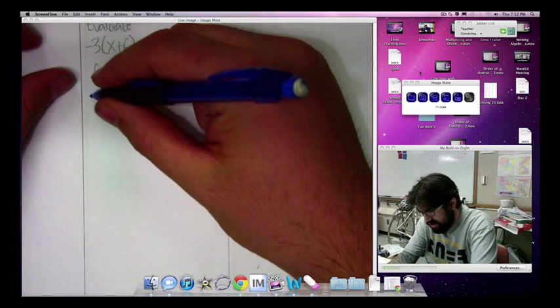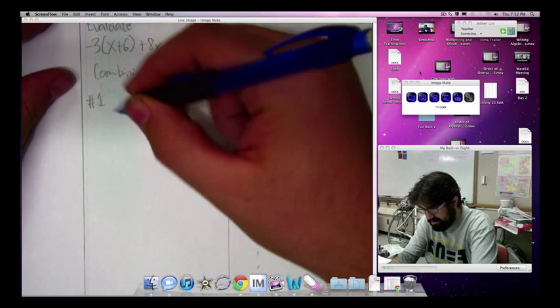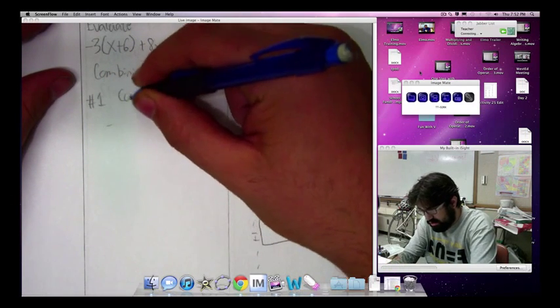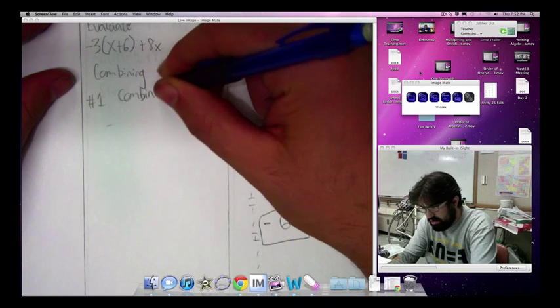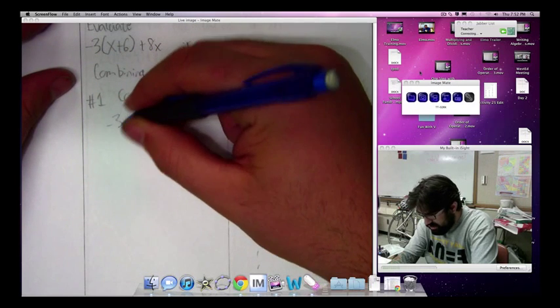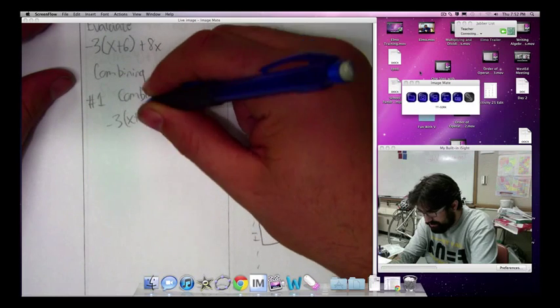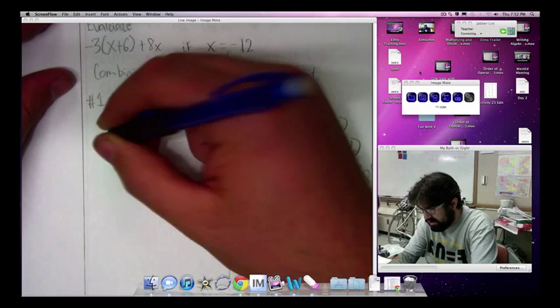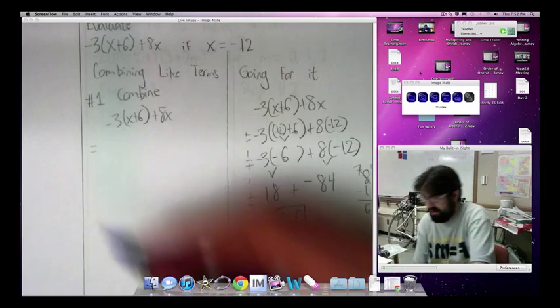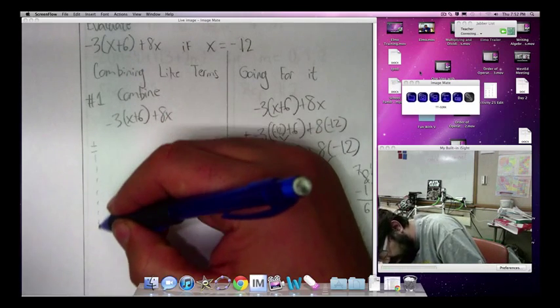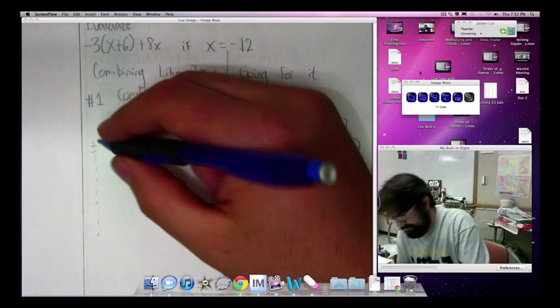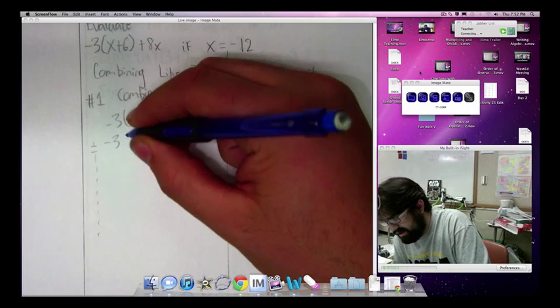So I've got stage 1, where I'm going to combine like terms. -3 times x plus 6 plus 8x. What does this equal? Balance line. I'm going to rewrite. Step 1 is always rewrite. Absolutely.